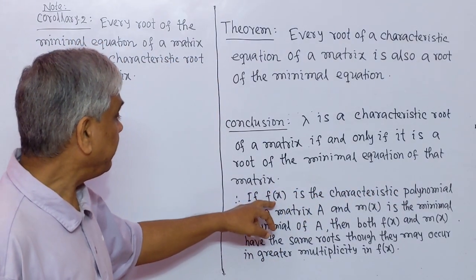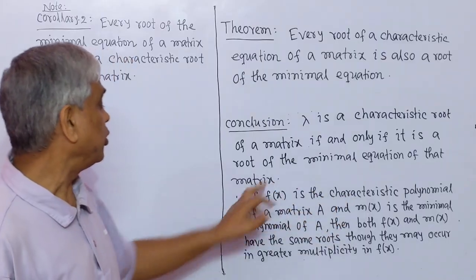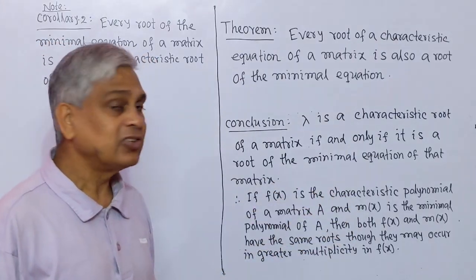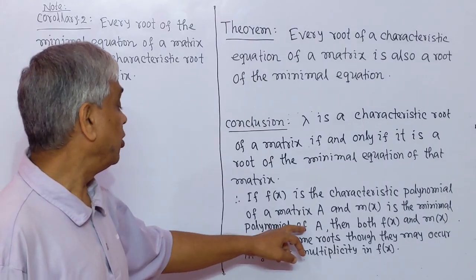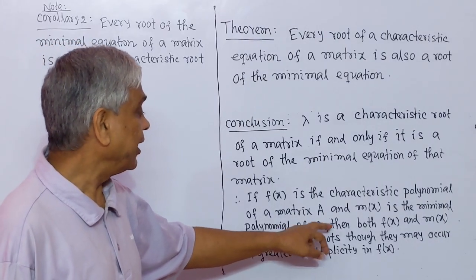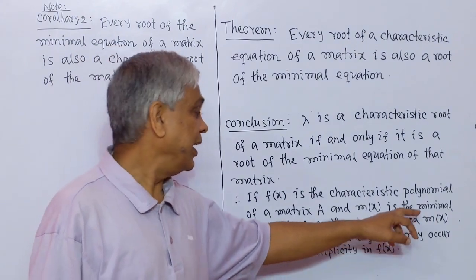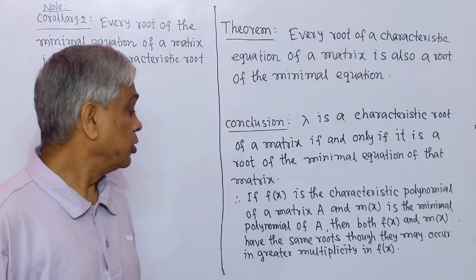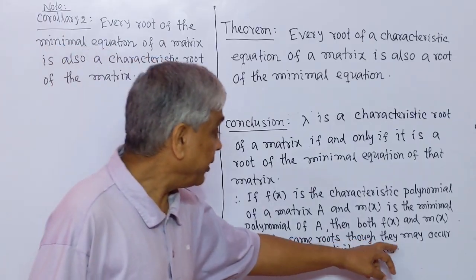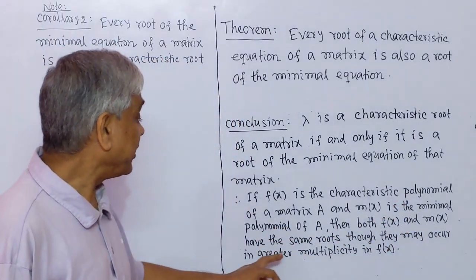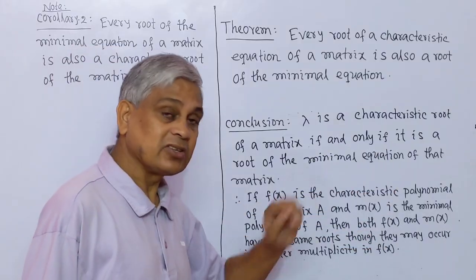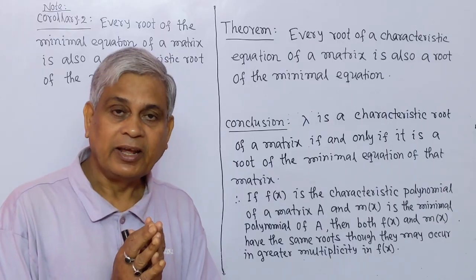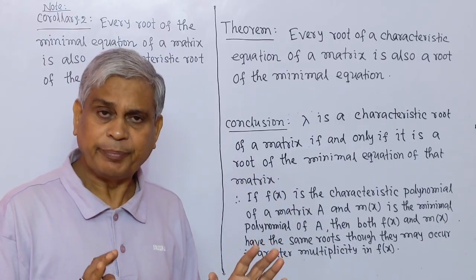Therefore, if f(x) is the characteristic polynomial of a matrix A and m(x) is the minimal polynomial of matrix A, then both f(x) and m(x) have same roots, though they may occur in greater multiplicity in f(x). Roots of characteristic equation and minimal equation are same.